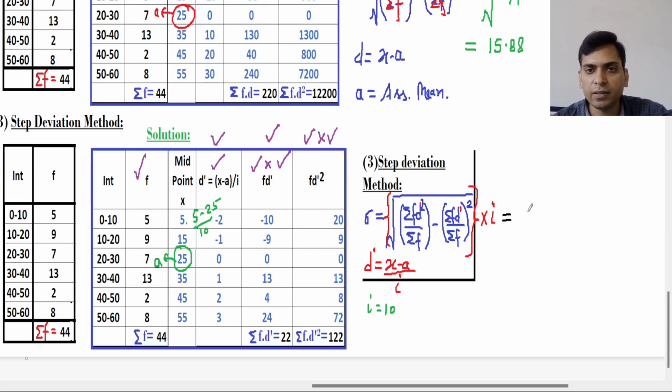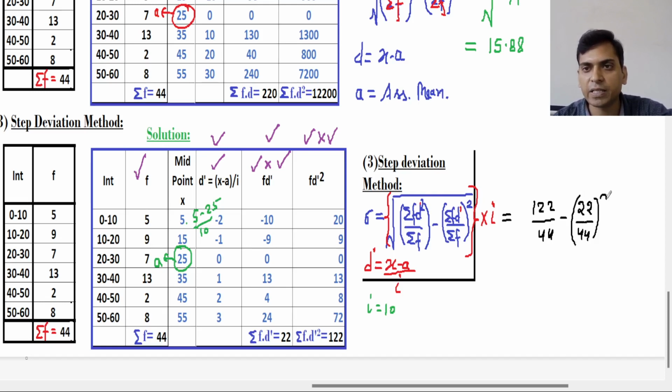So you will see this summation F D dash square is 122, and this quantity divided by 44 minus this F D dash, 22 divided by 44.